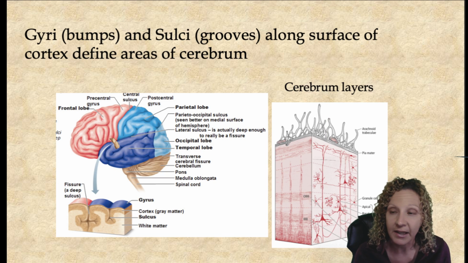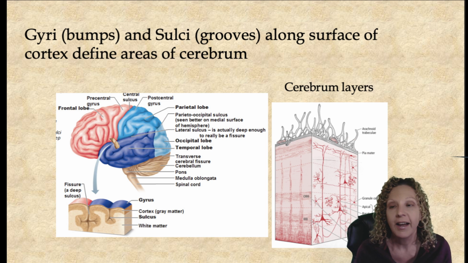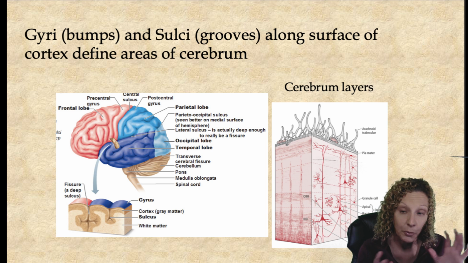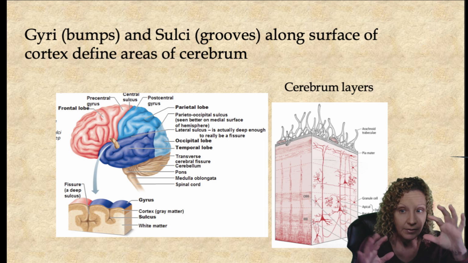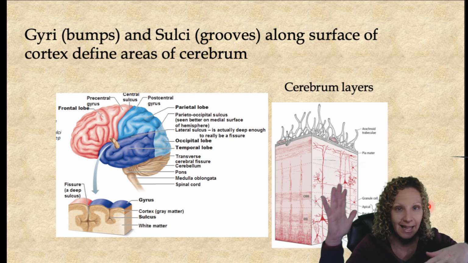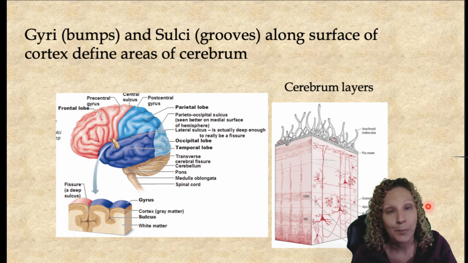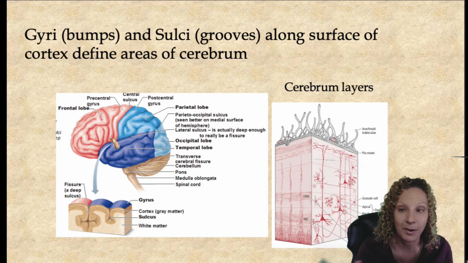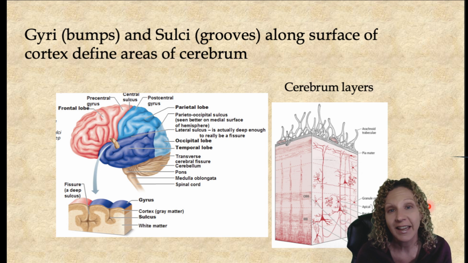This is taking a look at the cerebrum, seeing the folding that takes place. This is taking a look at the layering. If you could take a very close look at the way the cells are structured within the cerebrum, there is this important layering organization, and these layers need to be held intact. So you can't just slap down more brain and have more cerebrum. You have to have these 6 layers.